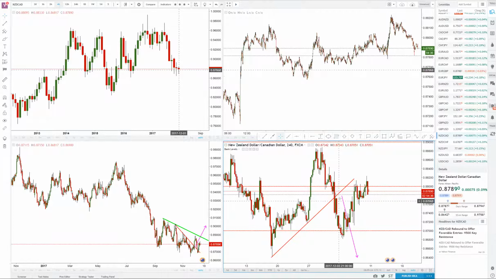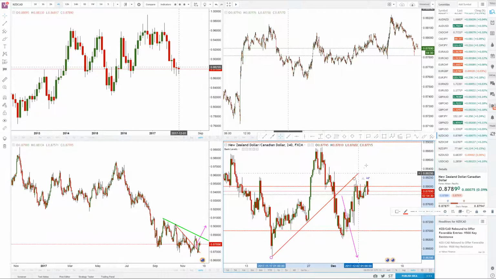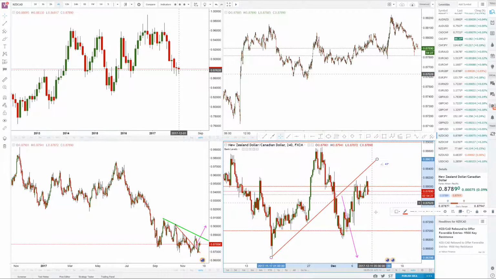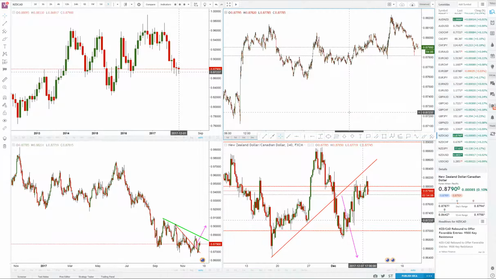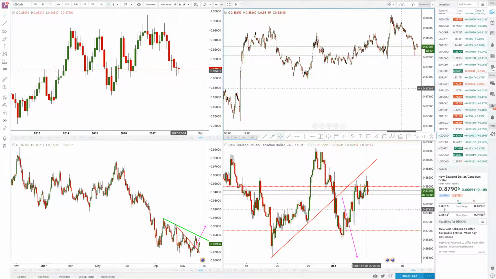I'm not sure why I drew it like that. I think I thought that I was going to pull back up here, but we came down here, and now we pull back to this trend line here, and that's resistance now. So Canadian dollar took that pullback, and that made New Zealand Canadian dollar go up. Let's look at GN.